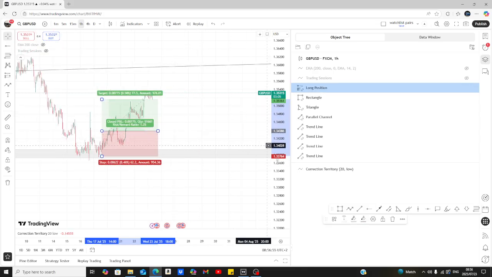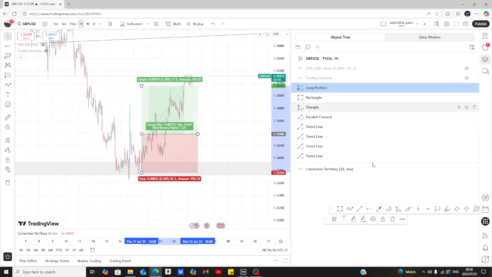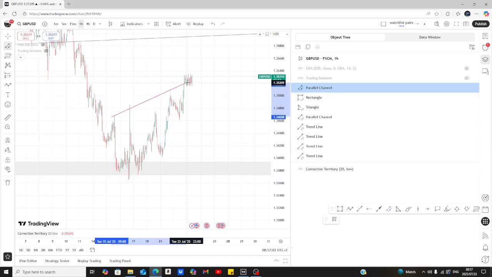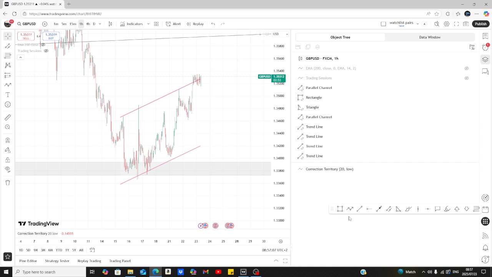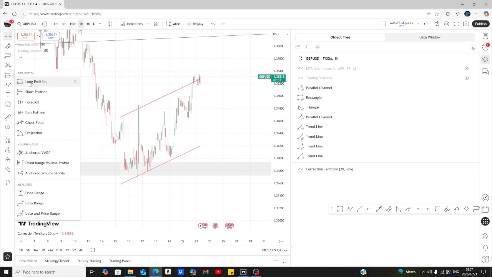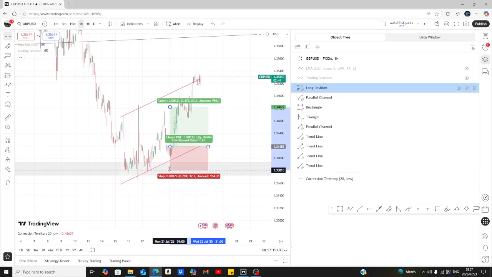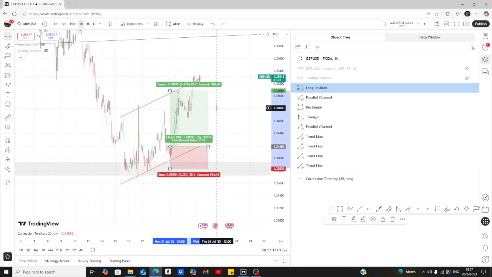Once I'm done with a trade, I normally just clear my chart, so I don't think too much. So we had this minor uptrend, and I entered a long position. I think it was around here, and I had my stop loss here, and my take profit here. So basically, yeah, I took a trade on GU.